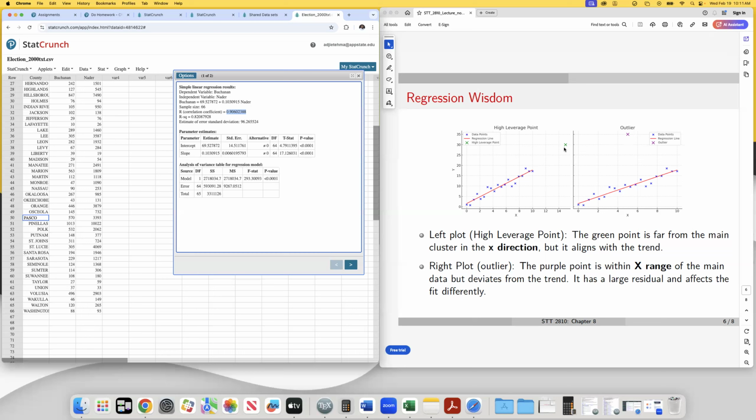So that is a high leverage point. Now let's look at an outlier. You see the outlier, look at the X. It is within the X, but with the what? Y plane, it is far from the rest of them. So usually for an outlier, you should be looking at the Y plane. And then for the high leverage point, you should be looking at the X plane.